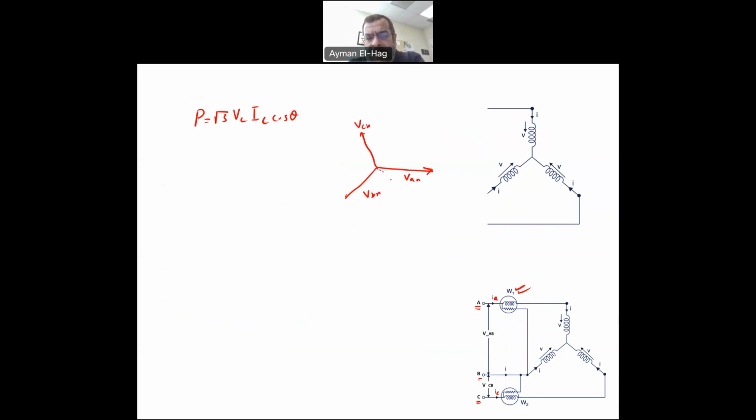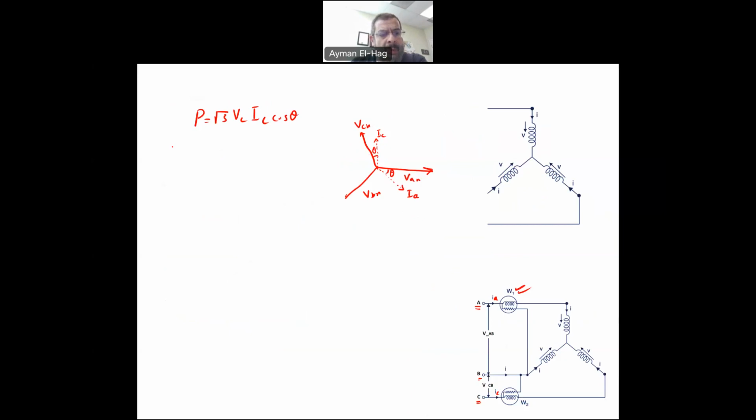So this will be my IA, and the angle is theta, the power factor angle. For VCN, I will also have the current here, my IC, with the angle of theta.